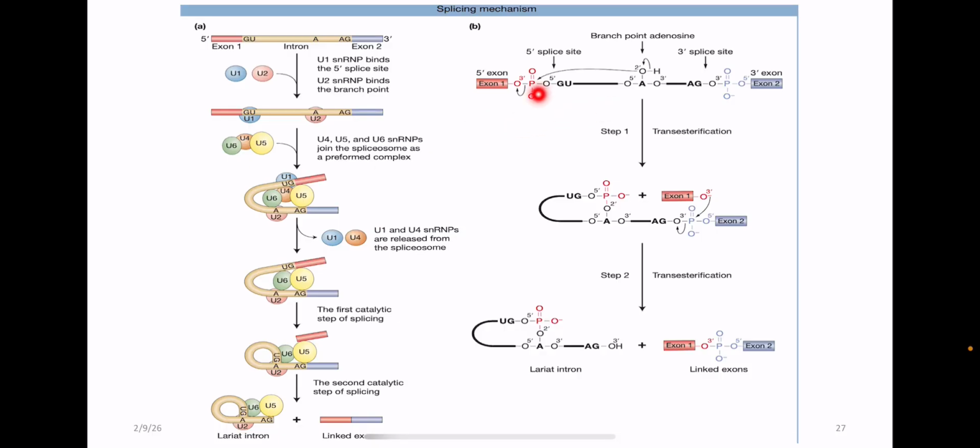Then the phosphate group, because it will be unstable, actually needs 4 O's to be stable. So it will move here to the branch point. The branch point has an OH on it, and the H will leave.